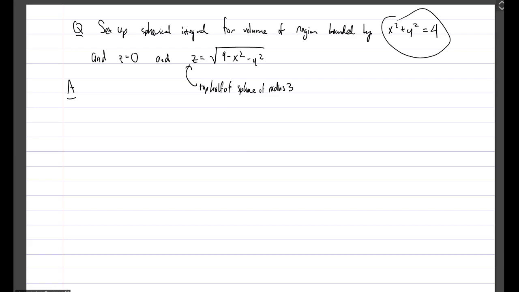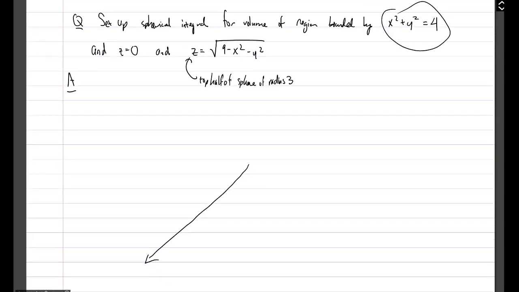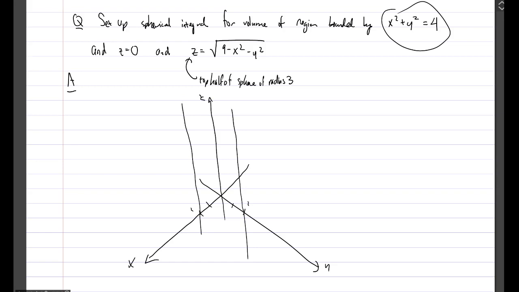So let's draw down here a little more. Okay, x, y, z. So 1, 2, 1, 2, and there's this cylinder that goes on infinitely, like that.